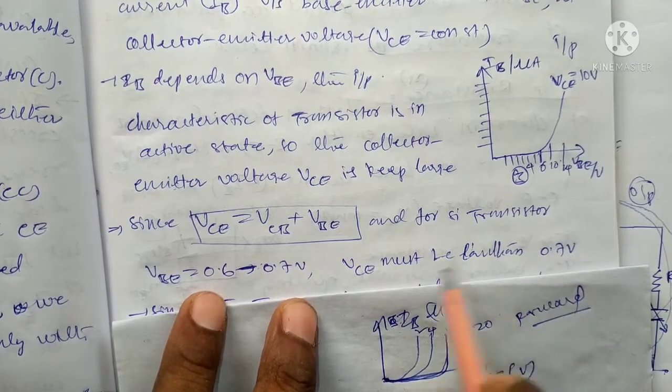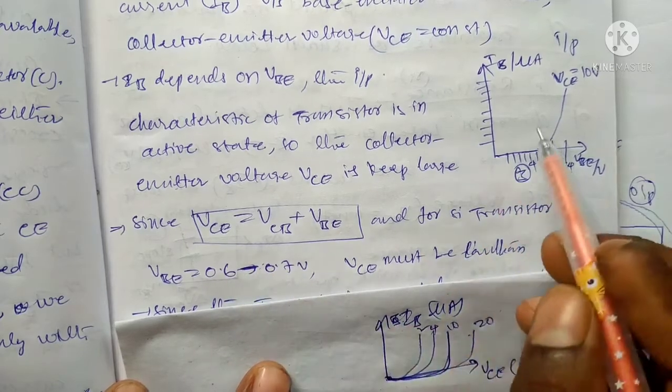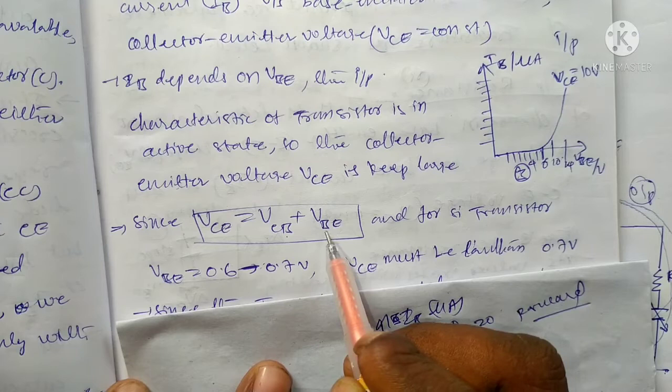This is the input characteristics of the CE configuration. Here VCE is equal to VCB plus VBE.